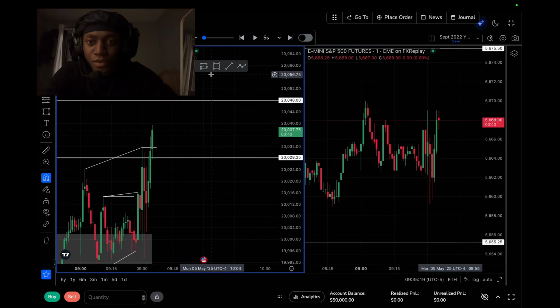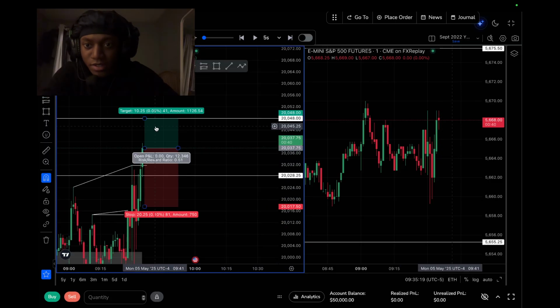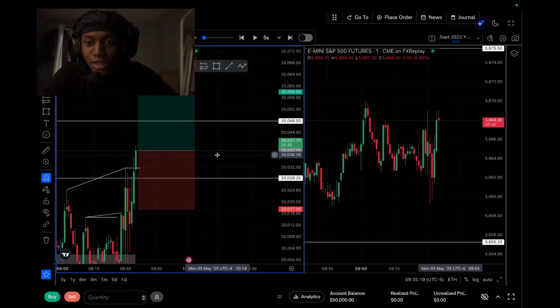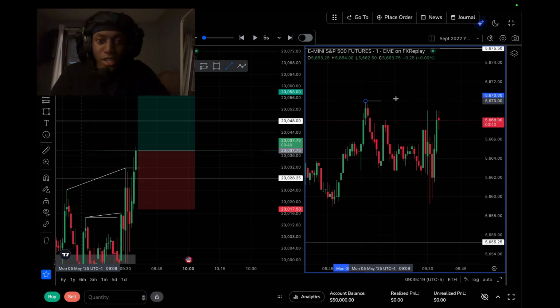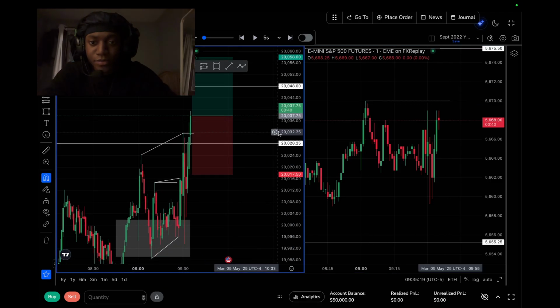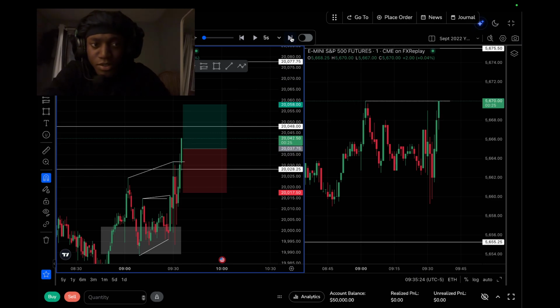Now, I could take something like this. Again, my stops would not be protected in this case. And the draw, I'd be targeting past the draw, which I don't like. And I could just go break even once ES takes these highs. But again, I'm not going to take this. I'm just going to wait for a better entry. Because, yeah, I'd preferably like to target a draw.